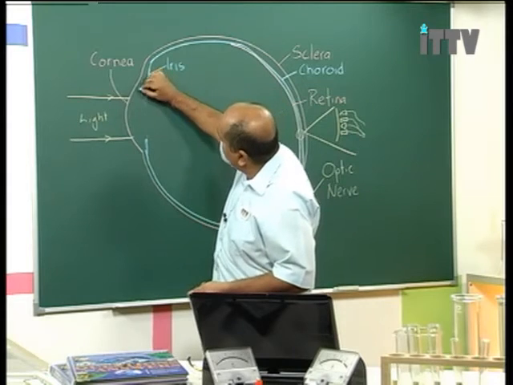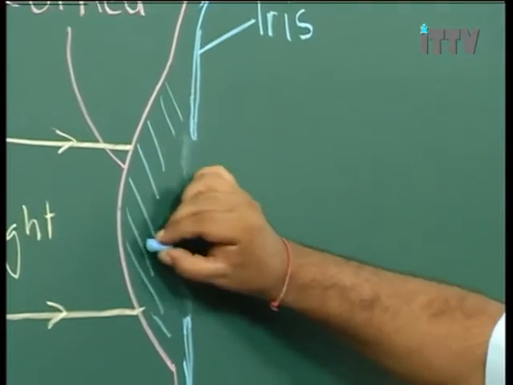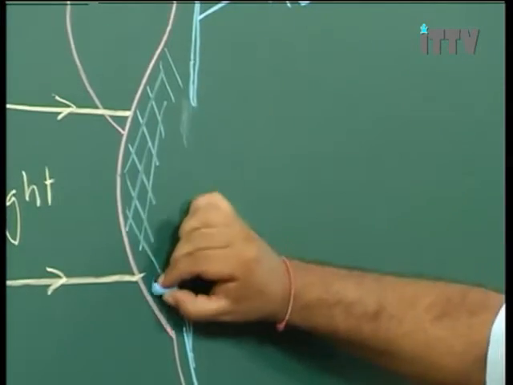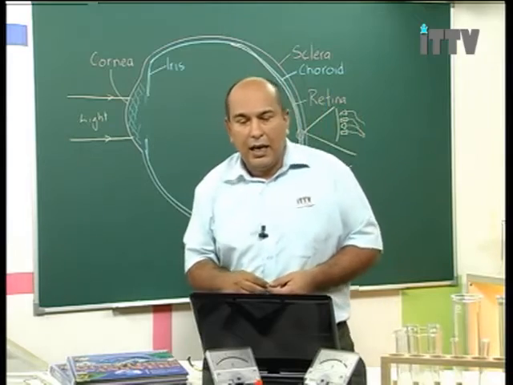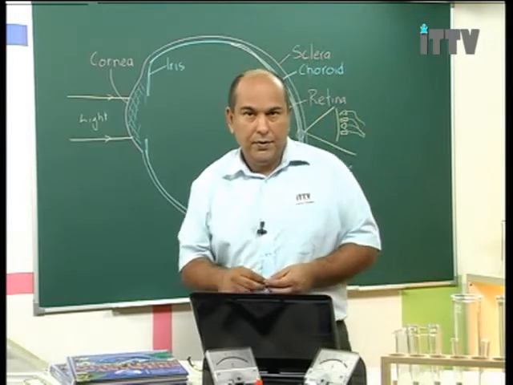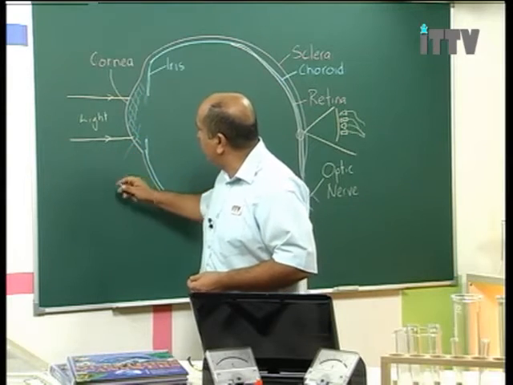Okay, this area here in front of the iris has got a clear liquid in it, and this is the liquid that we call the aqueous humor. Okay, the aqueous humor over in this one. So let's label this.